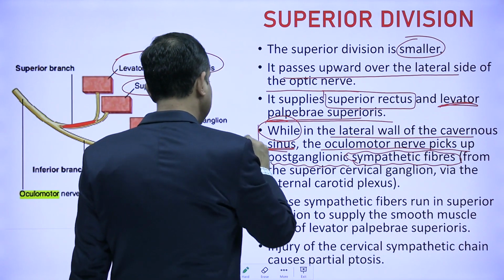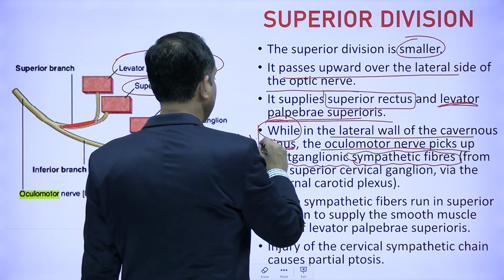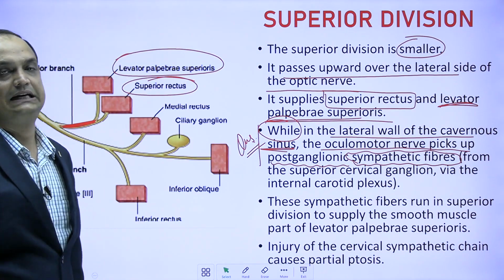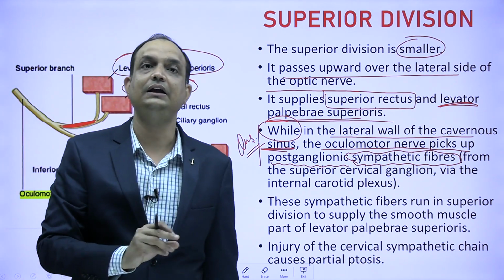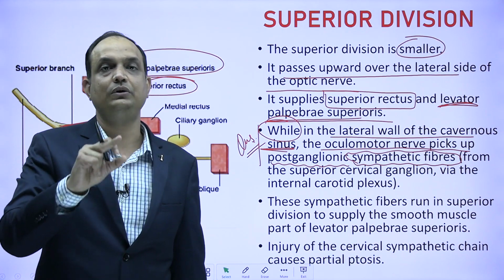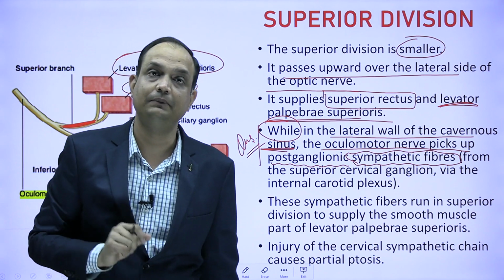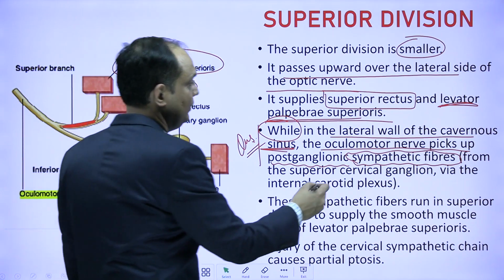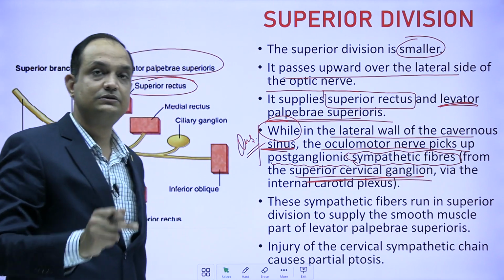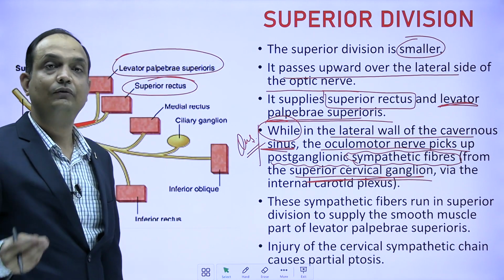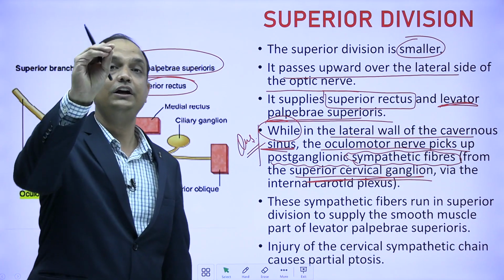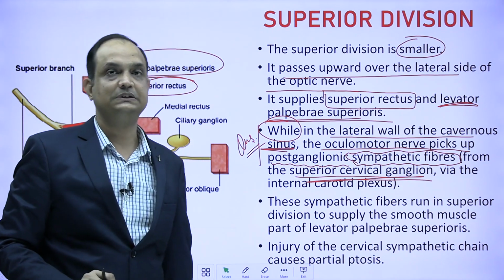So, what is the entry point of sympathetic fibers into the oculomotor nerve? Answer is the cavernous sinus. In the cavernous sinus, there is the internal carotid artery, and outside the internal carotid there is a plexus of sympathetic branches coming from the superior cervical ganglion. These branches of the sympathetic plexus will enter the oculomotor nerve, and ultimately reach Mueller's muscle.